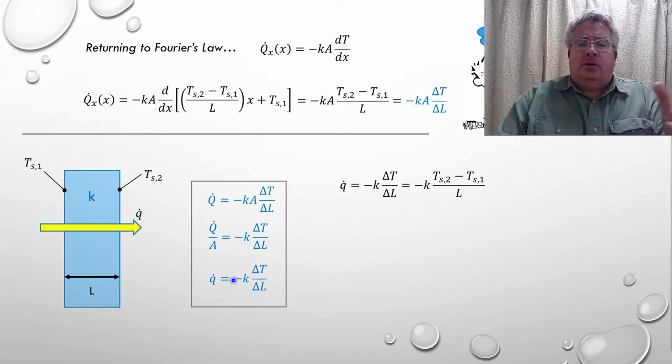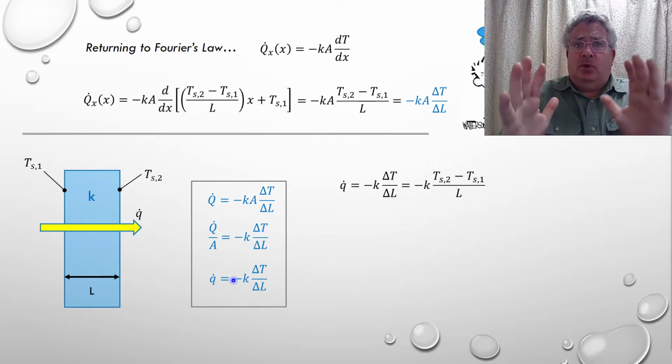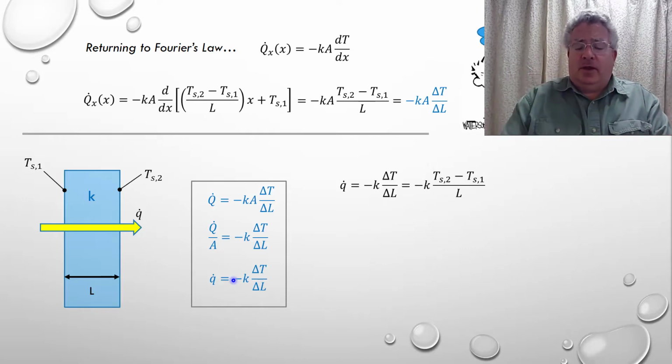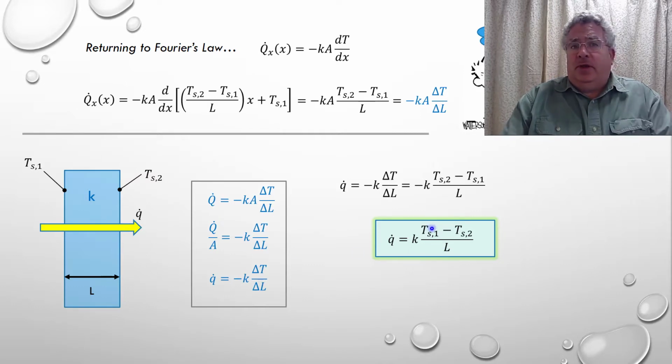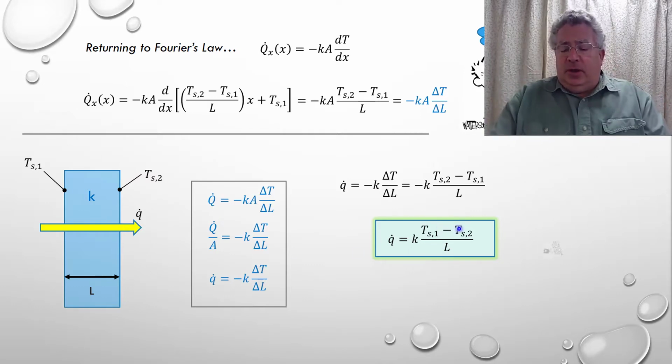We're going to keep dealing with situations where we have a delta T over a specified length. So most of the time we'll drop the negative sign and just assign the hot temperature to be Ts1 and the cold temperature to be Ts2.